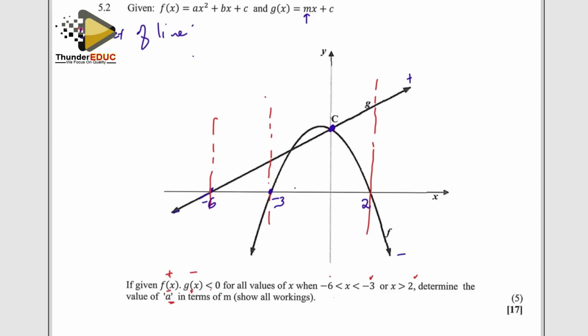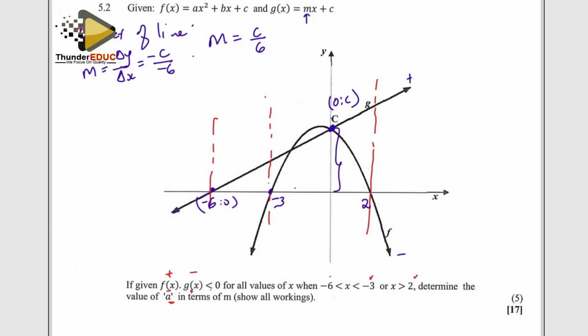So I know that this is 0 and c. Then I can use this as -6 and 0. I can just look at the change in y and then the change in x. So that's going to be change in y over change in x. That's going to be -c over -6. So which means m is going to be c over 6 for that case.